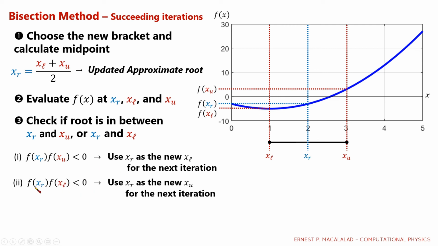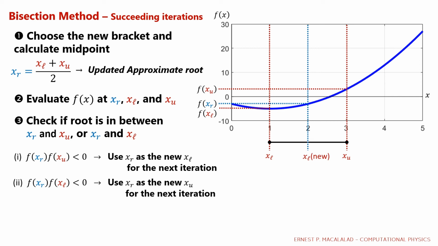Comparing that here, we can see that for the product of f(xr) and f(xl), though the two function values are negative, if you multiply them together, it is positive. Therefore, the root will not be found here.